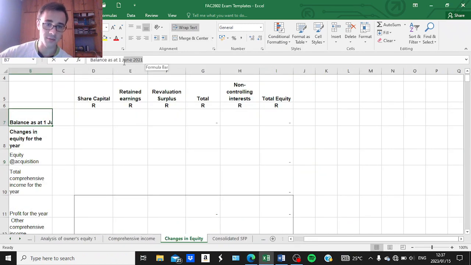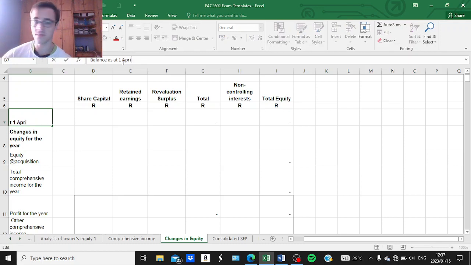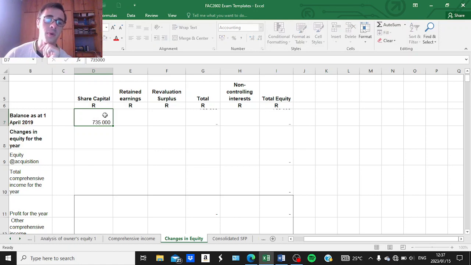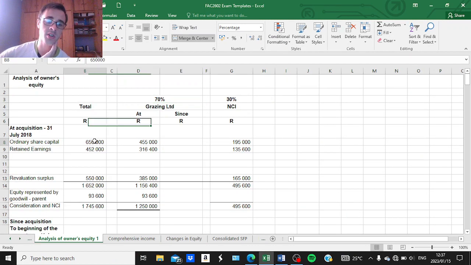So the balance as at the 1st of April 2019 for share capital, if you want to be more specific, ordinary share capital for the group is only that of the parent. Okay, 735,000, because the share capital of the subsidiary will be eliminated at acquisition. All right.